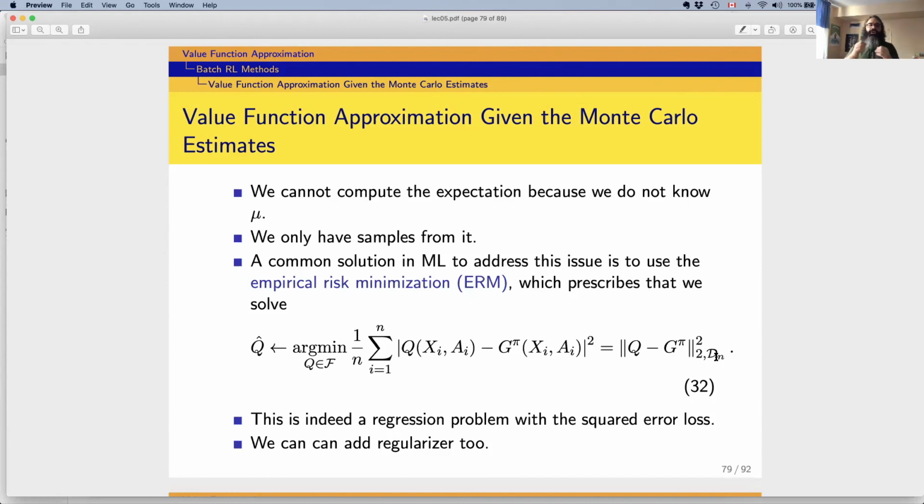The targets are the returns G pi, and we want to find the Q that fits that target well while avoiding overfitting. So if you have Monte Carlo estimates, we can solve a regression problem, and any regression method, any function approximator, whether a linear function approximator, neural network, decision tree, or whatever, you can use to solve this problem. People can also add a regularizer in order to control for overfitting.